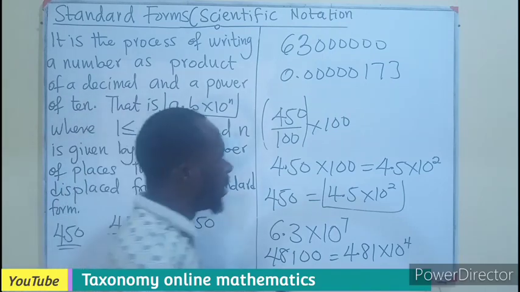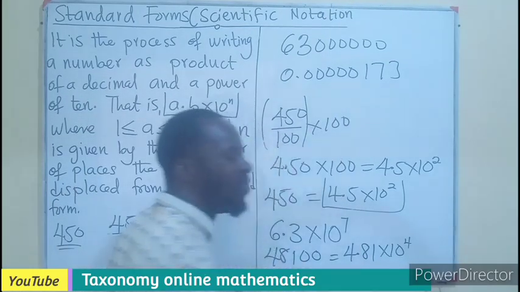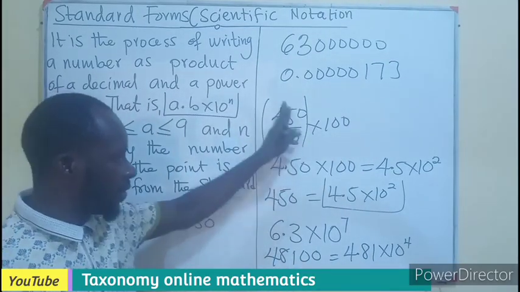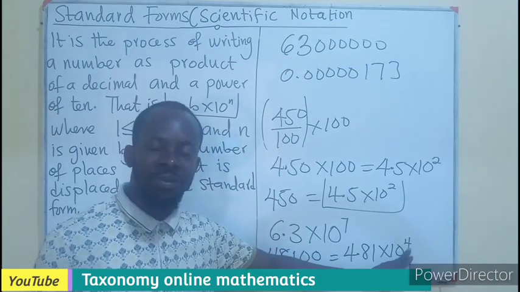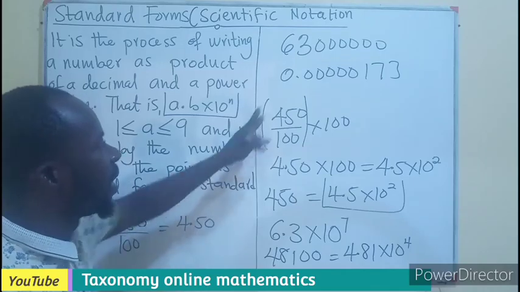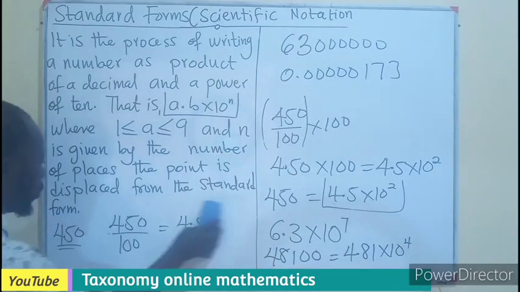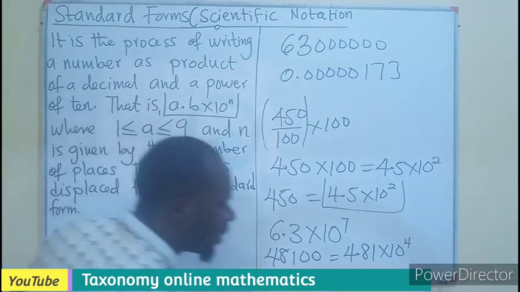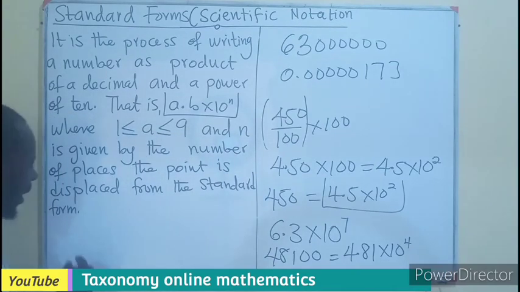Good. Now, if we have a very small number, a positive power is for very large numbers. So if we have a very small number that we want to write in scientific notation form, let's say we have 0.012.